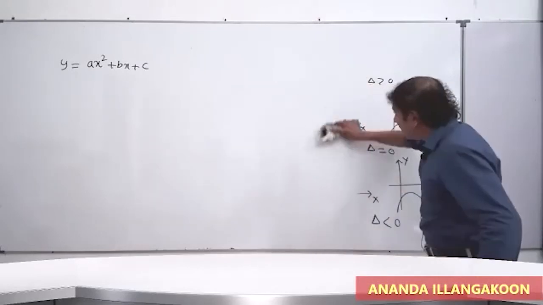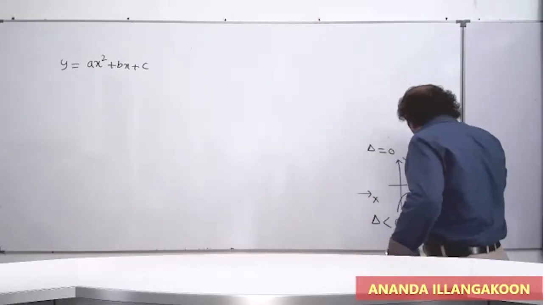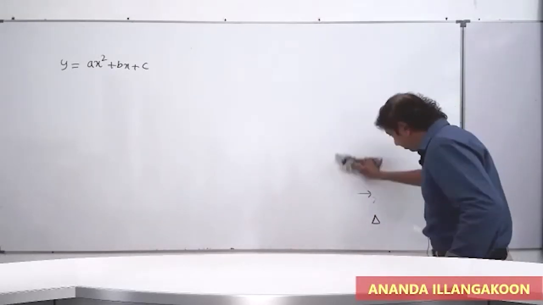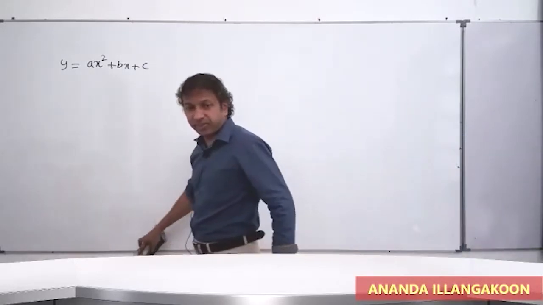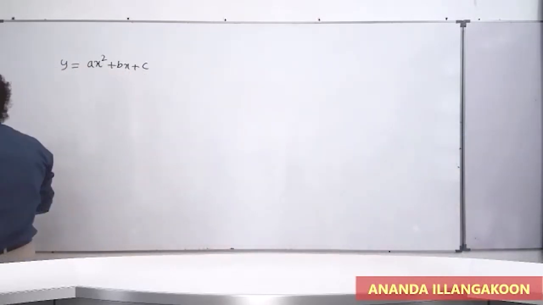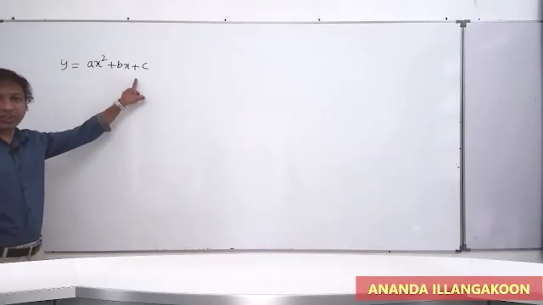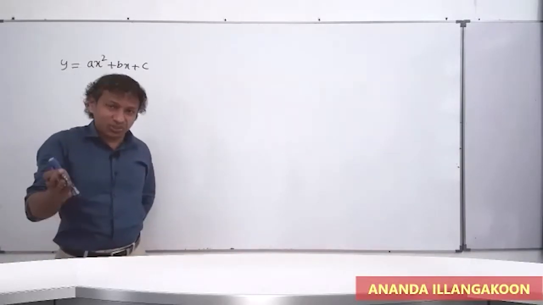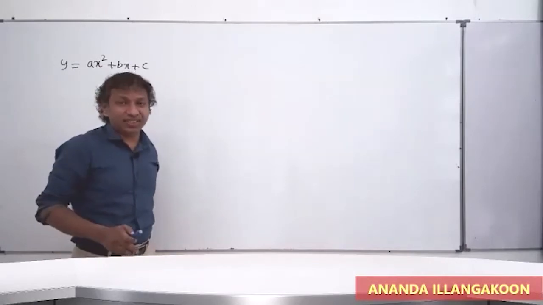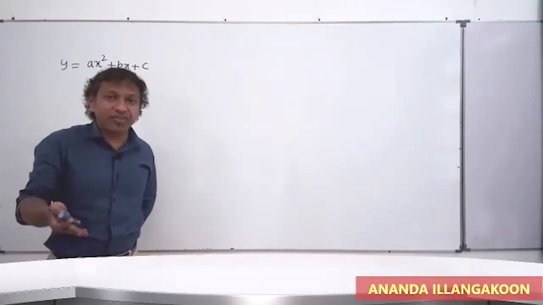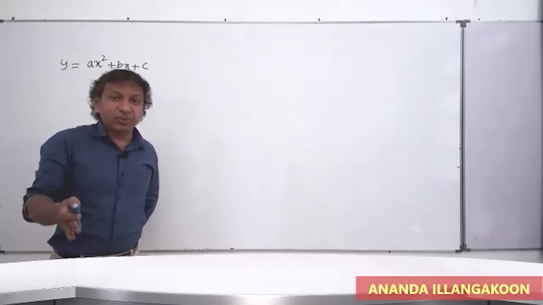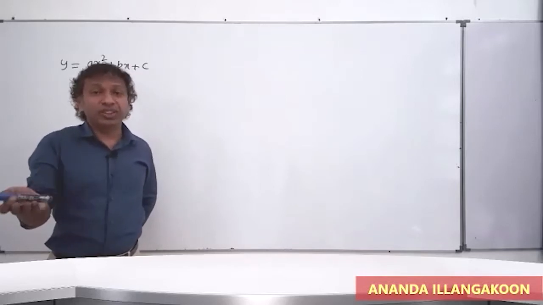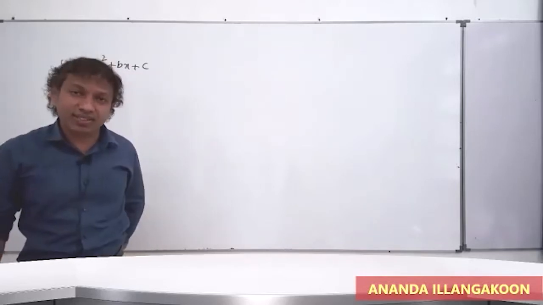Let's see how to define this quadratic equation. We identified this as a quadratic function. So far we discussed some properties, how to draw the graph, roots, nature of the roots, and the condition required for the roots to be of each type.